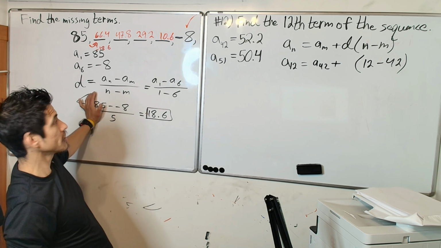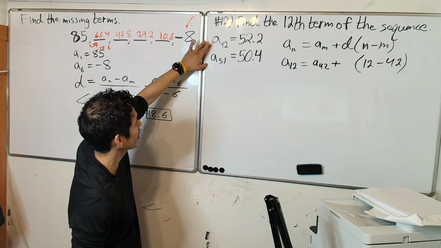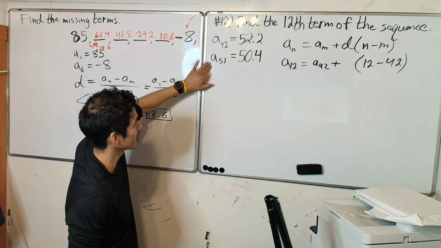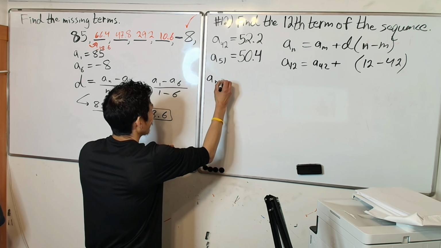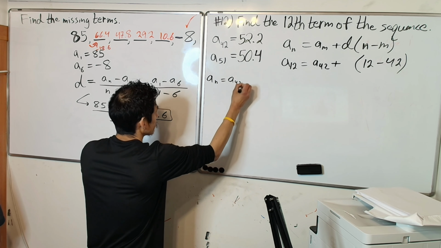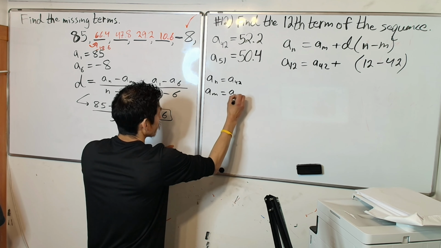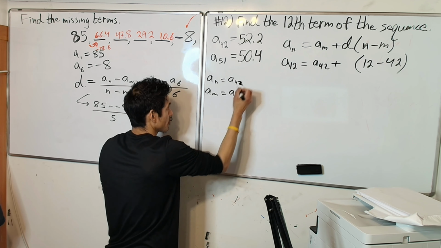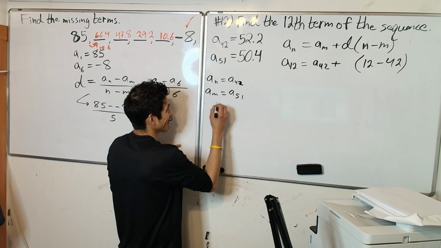So we can use this equation here again, but this time we're going to use an as a42 and am as a51. Just for this equation, it'll make it simpler.